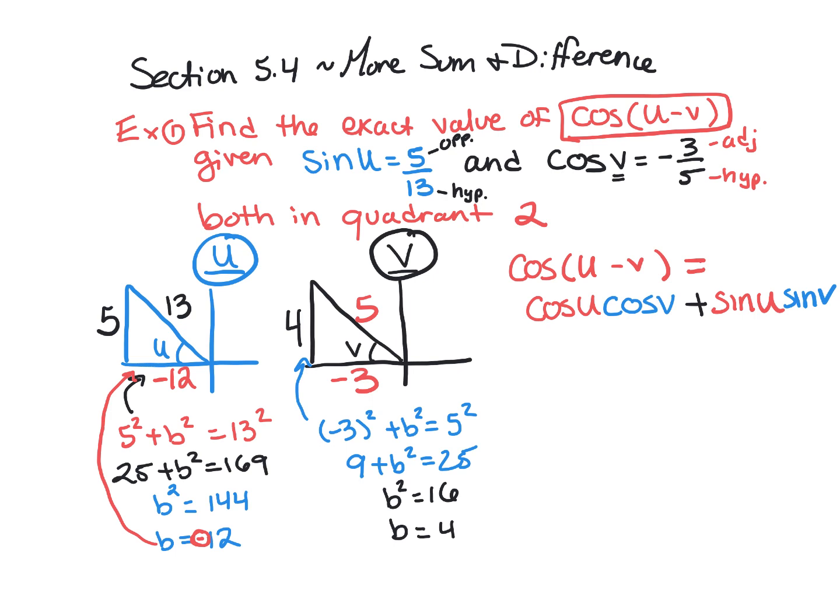So cosine of u, cosine is adjacent over hypotenuse, so that'll be negative 12 over 13, times cosine of v. So v cosine is adjacent over hypotenuse, so negative 3 over 5.